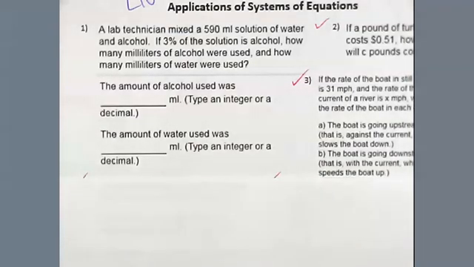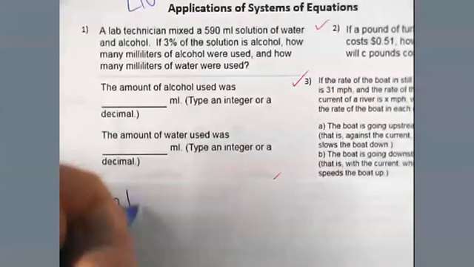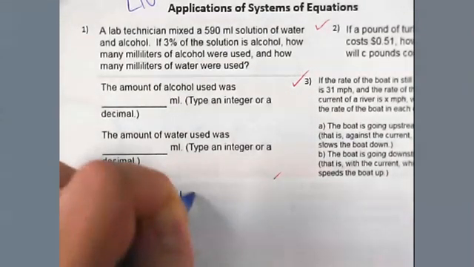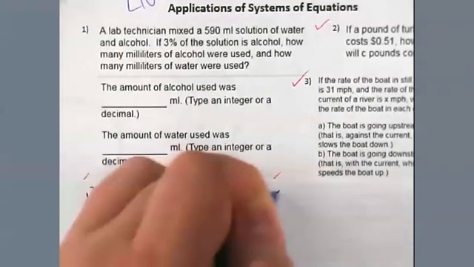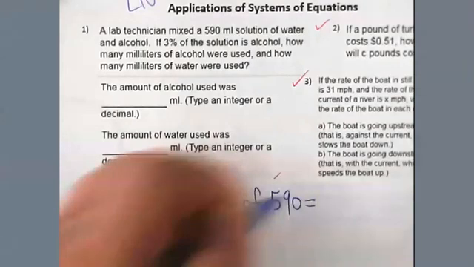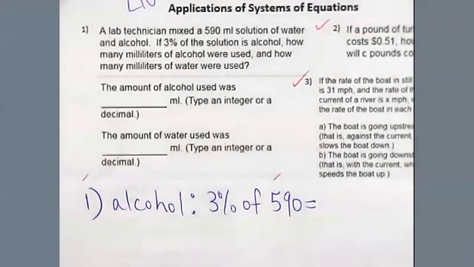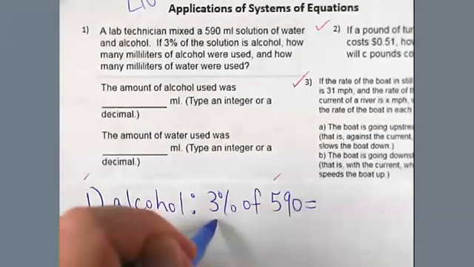This is not a system of equations per se. You can actually solve this with basic math. So alcohol is 3% of 590. Now, before you solve this or plug it into your calculators, change the 3% into a decimal.